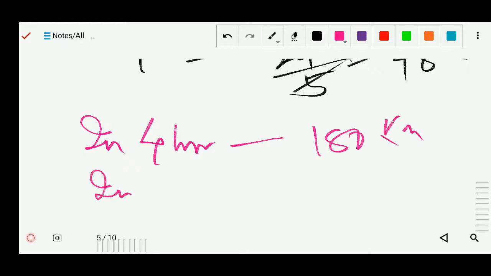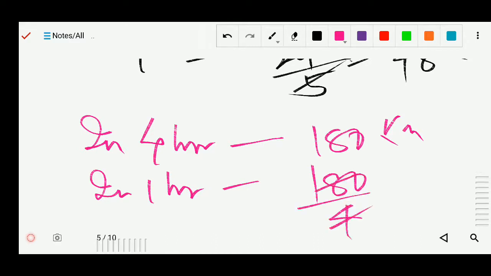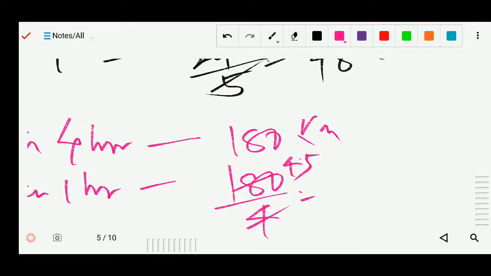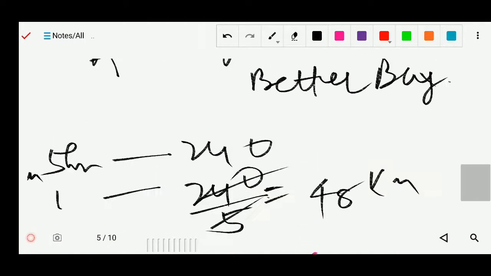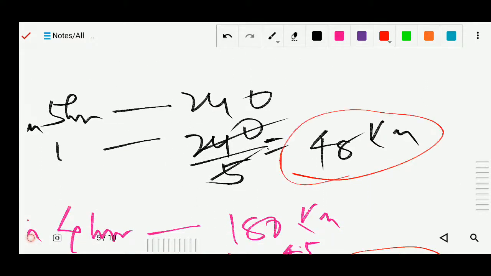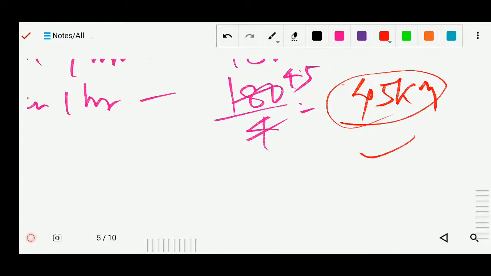So in 1 hour 180 divided by 4, so it is 45. You can see which one is the best. Here is 48 and here is 45. So you can differentiate whose speed is better.